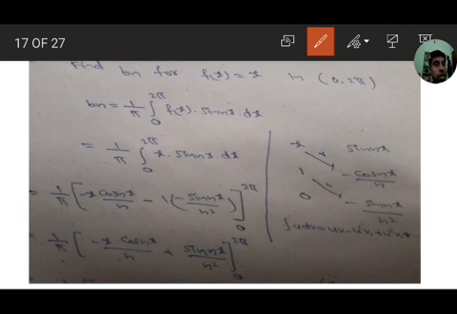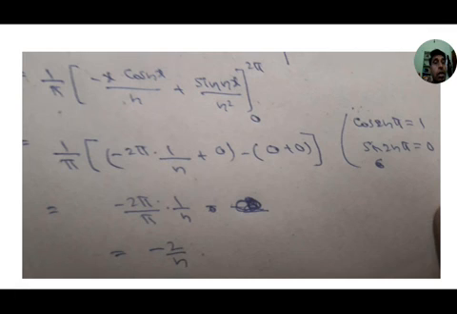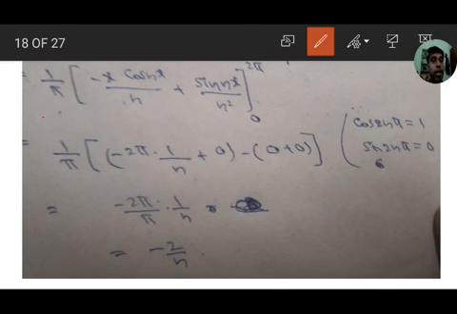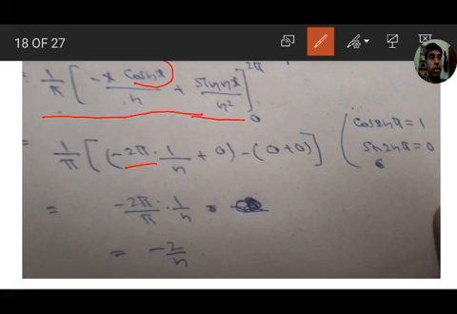So substitute the limits. 1 by pi integrate minus x into cos nx by n plus sin nx by n square, 0 to 2 pi. So minus 2 pi into cos 2n pi value. If you substitute in the x place 2 pi, cos 2n pi value is 1, so 1 by n, and sin 2n pi value is 0.